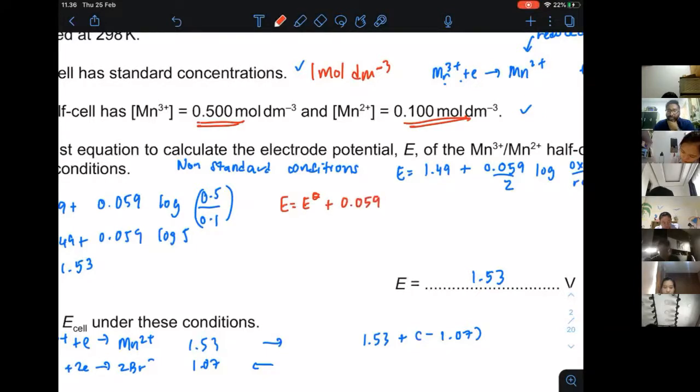Z is the charge, or the number of moles of electrons that you use.